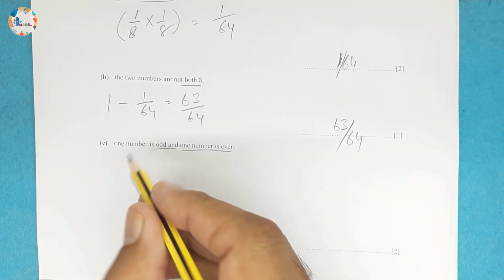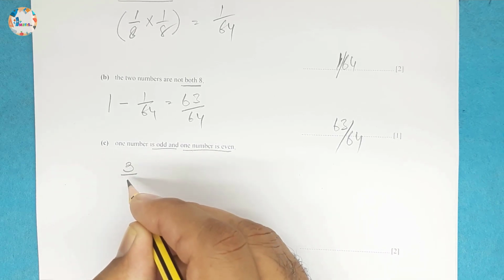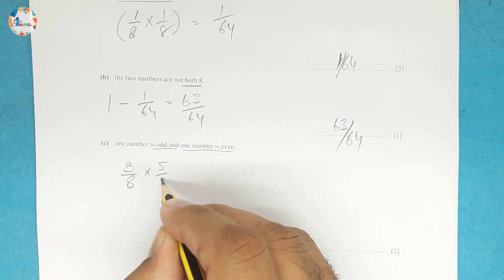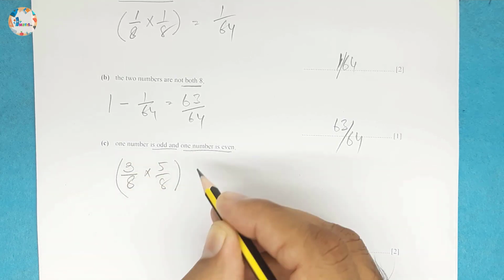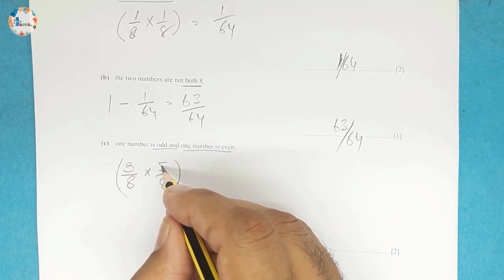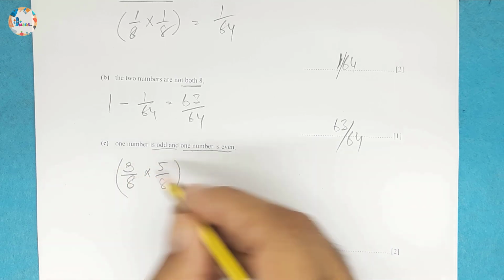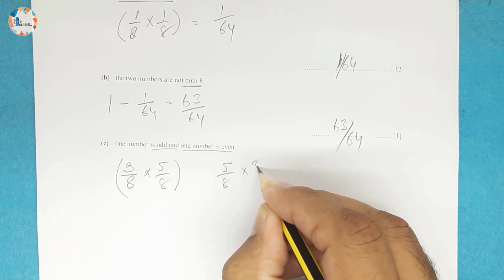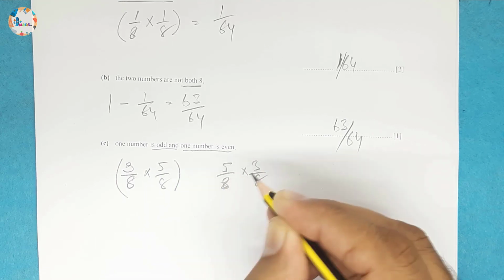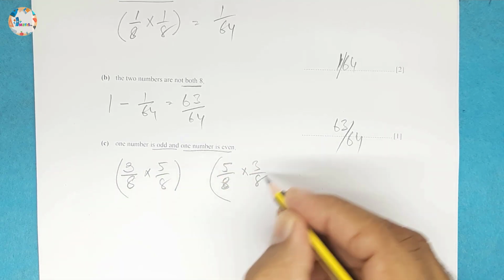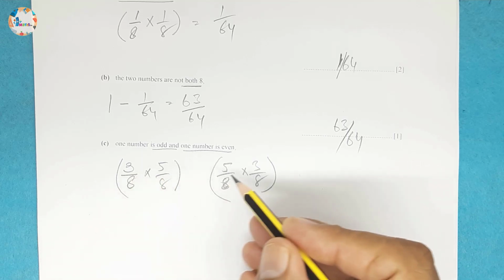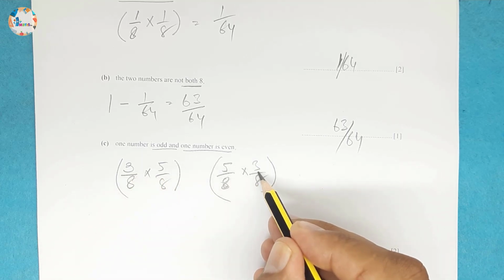So the probability of getting an odd number will be 3 by 8, and the probability for an even number will be 5 by 8. So this can be one option, or there can be another option that the first one is even and the second one is odd. So that will be 5 by 8 and 3 by 8. So this can be the sequence, or this can be the sequence. In this one, first is odd, second is even. It can also be first even and then second odd.